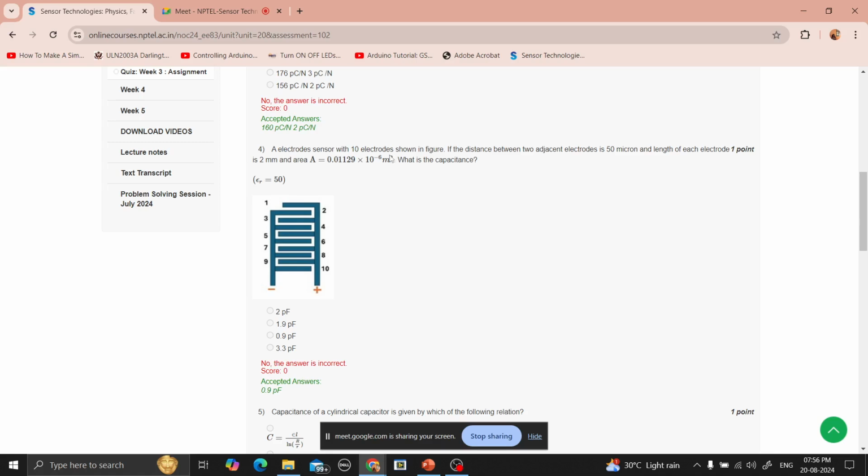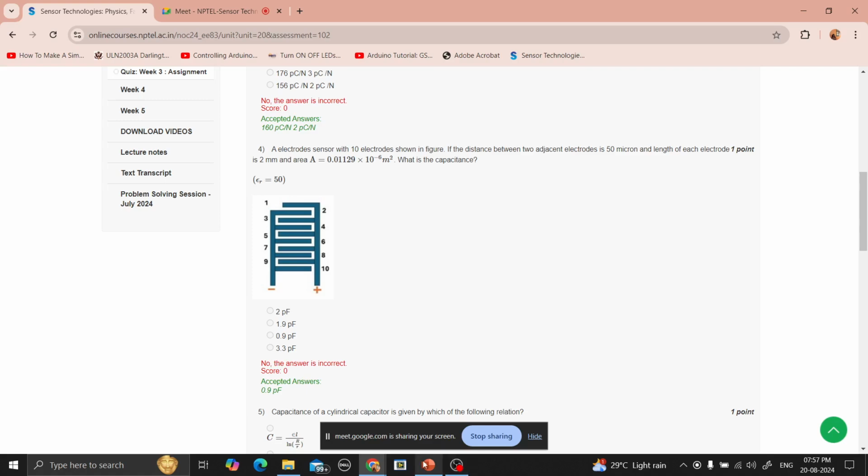So you can calculate epsilon A by D. Since the epsilon value is not given, take it as epsilon naught, the permittivity of free space. So you can calculate the capacitance between electrodes 1 and 2. Then you can multiply by n minus 1, that is 9 for this case, and then you get the overall capacitance. I have not calculated it, so you can calculate it.